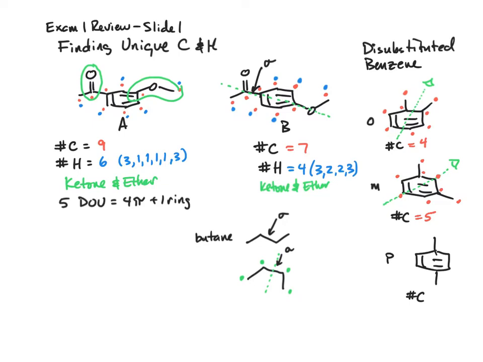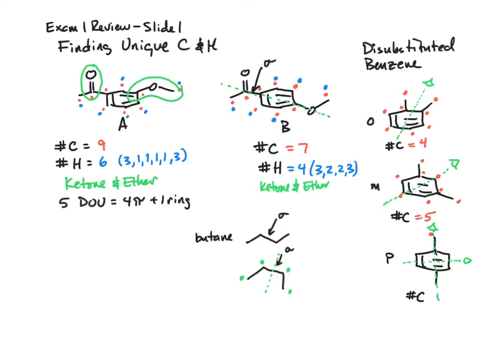So let's look at it 2 ways. Your eyeball can be up here, looking down this, or it can be here, looking that way. So that's 2 different orthogonal mirror planes.